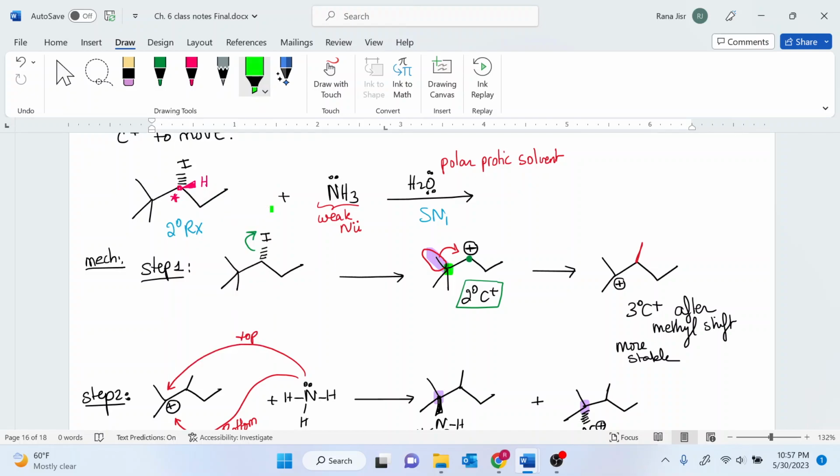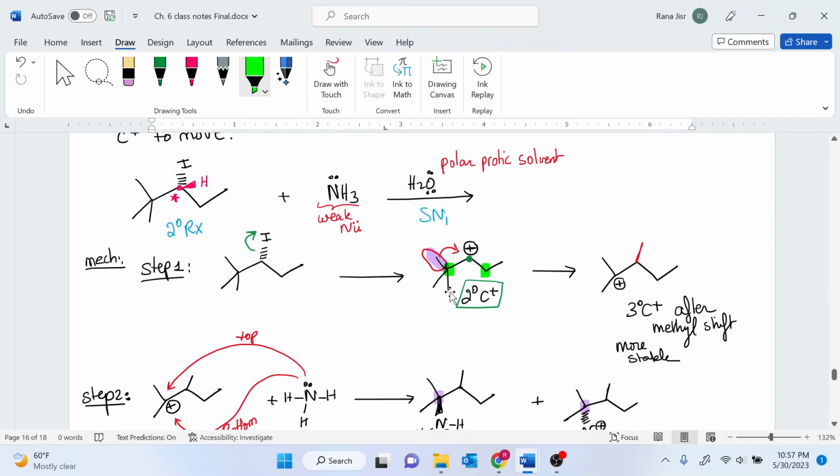You have an adjacent carbon here, and you have an adjacent carbon in there. If you move the plus charge here, then it's going to be secondary, as if you did nothing. But if your positive charge is moved here, then it's going to be a tertiary carbocation. Why tertiary? Because this carbon has no hydrogens in there.